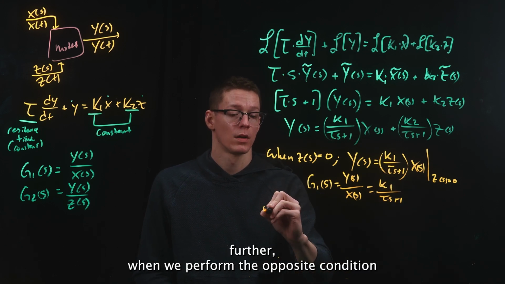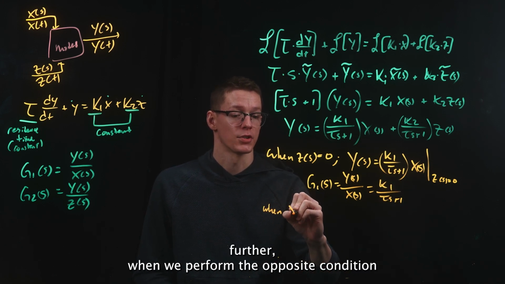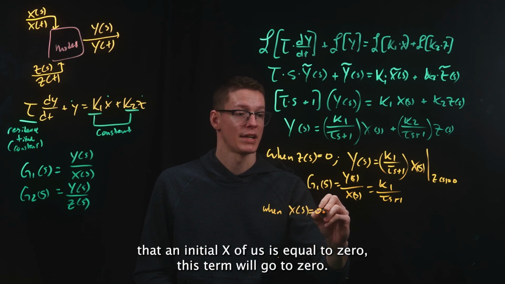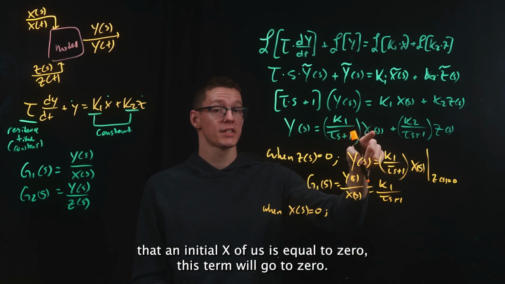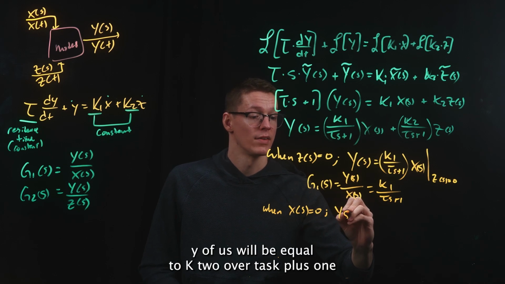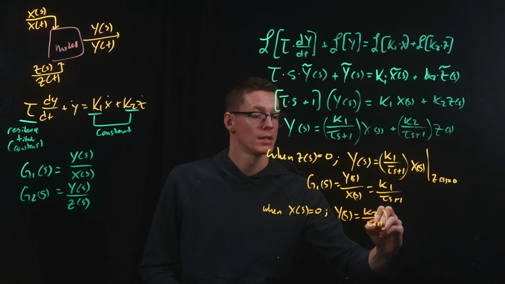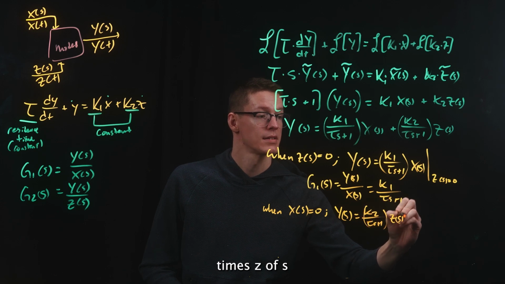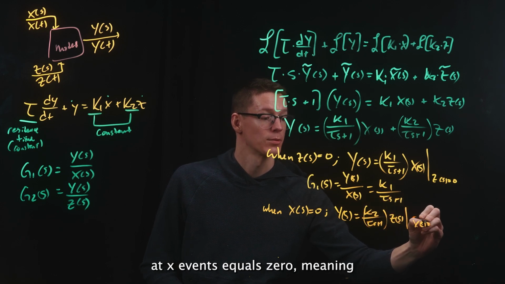Further, when we perform the opposite condition, that an initial X of s is equal to 0, this term will go to 0, leaving us with that. Y of s will be equal to k2 over tau s plus 1 times Z of s at X of s equals 0.